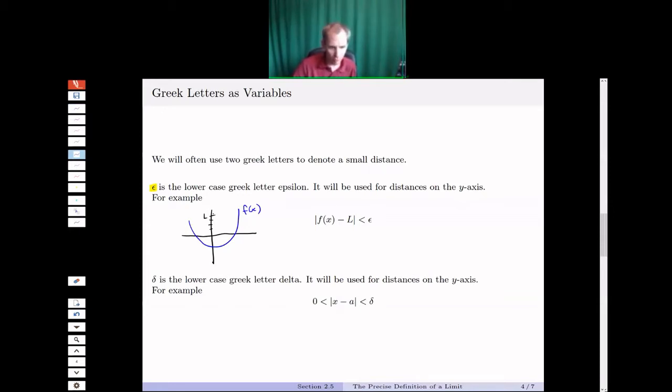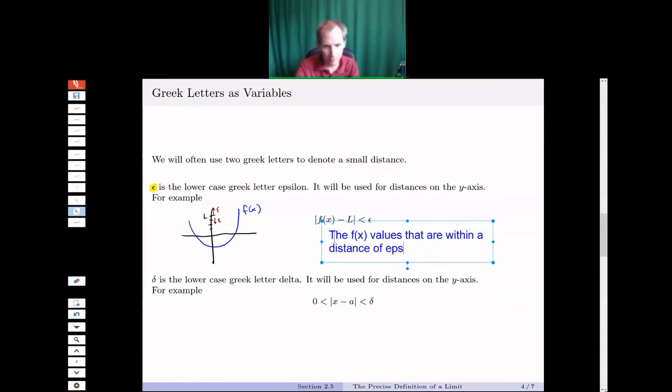So we can think of epsilon as being a distance on the y-axis. If we write absolute value of f of x minus L is less than epsilon, going back to our language from before, what we're saying is I'm looking at the f of x values that are within a distance of epsilon of L.